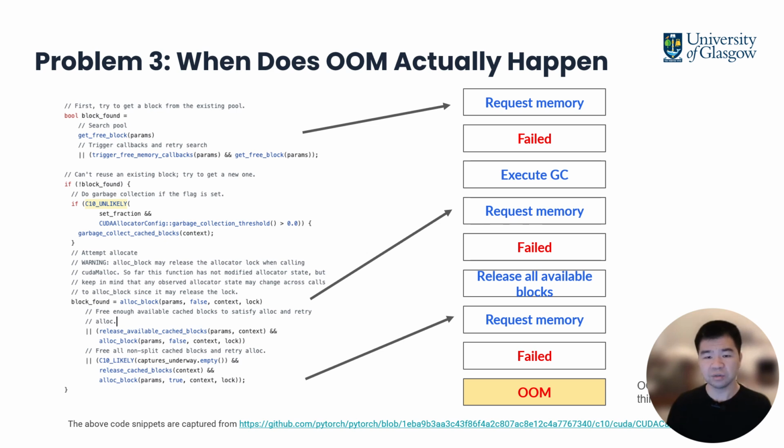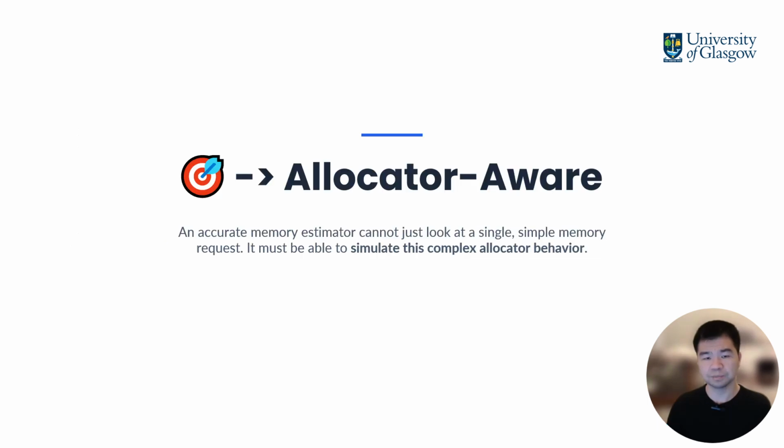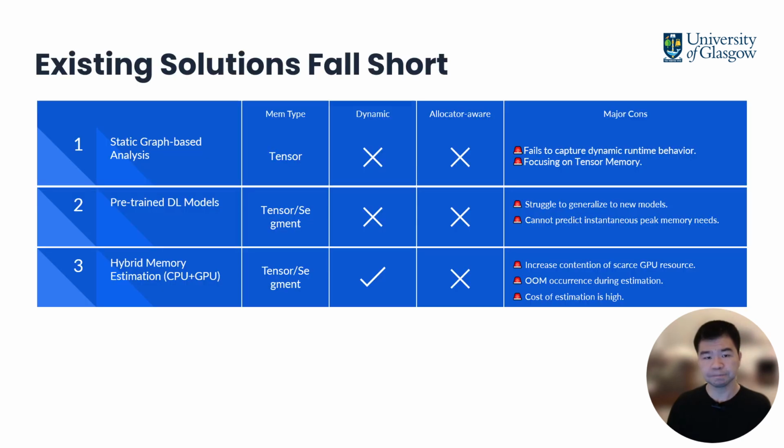If that still fails, it frees all available cached memory and does a last retry. The out-of-memory issue only happens when the last retry fails. So, in order to accurately estimate the memory, we have to reproduce those mechanisms during the estimation, making for a more accurate result.